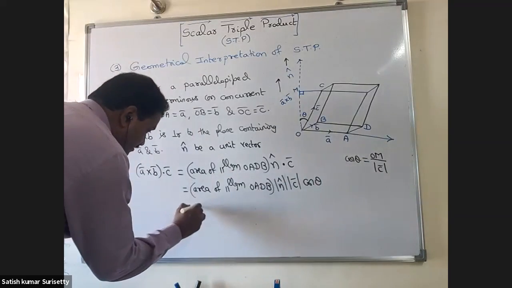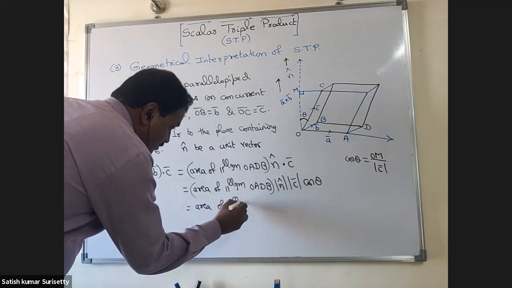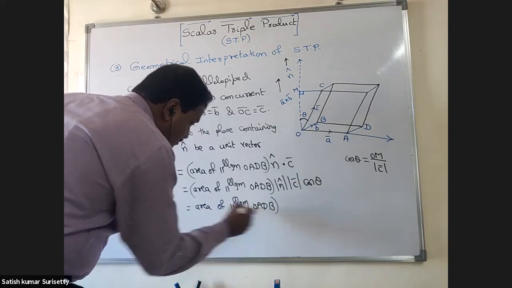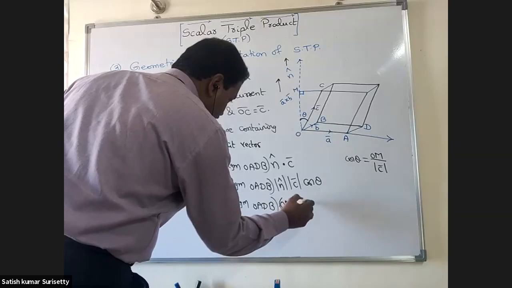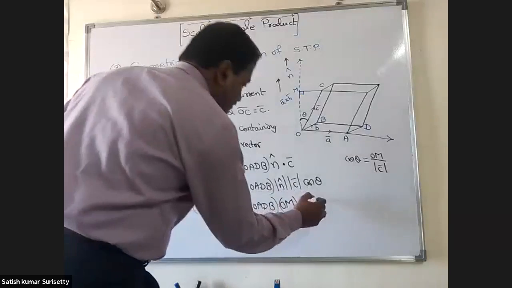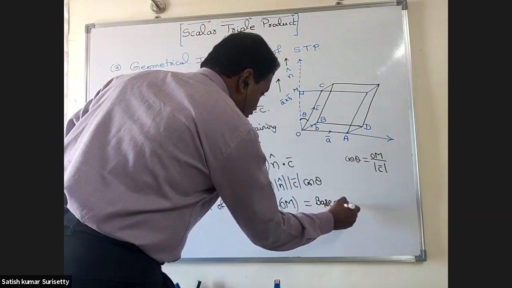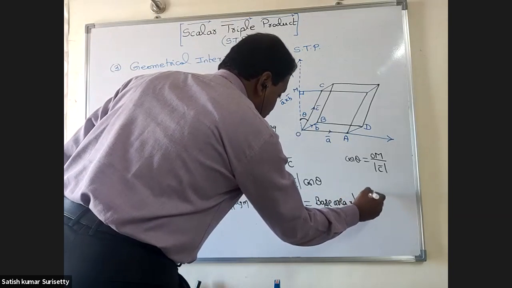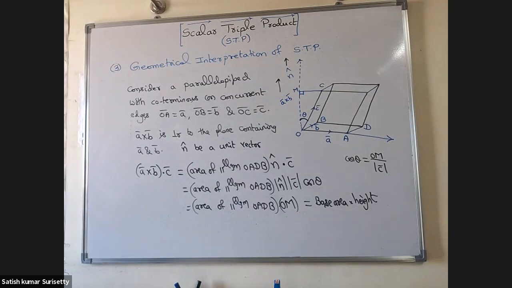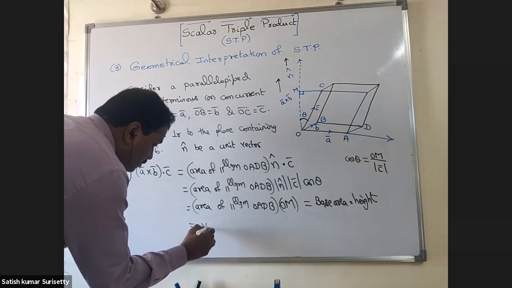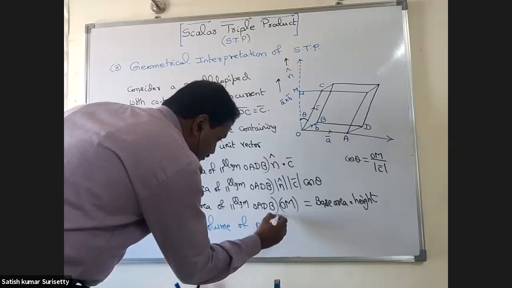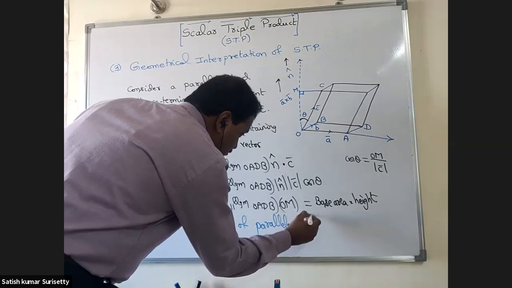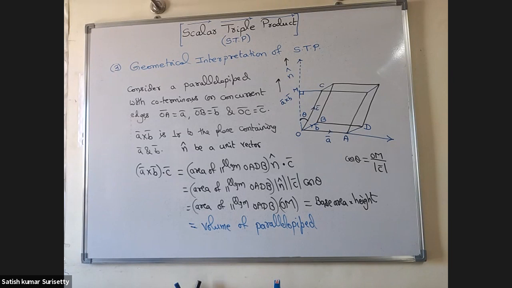So this will be same as area of parallelogram OADB into OM, which is same as base area into height, which is equal to volume of parallelepiped with concurrent edges A bar, B bar and C bar.